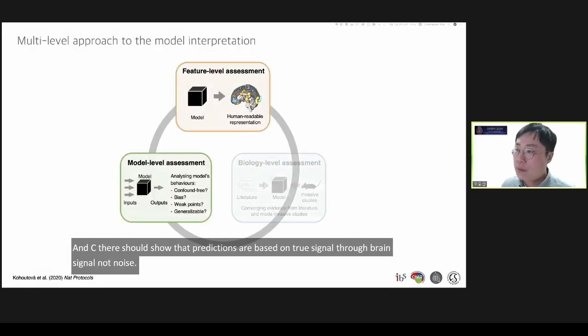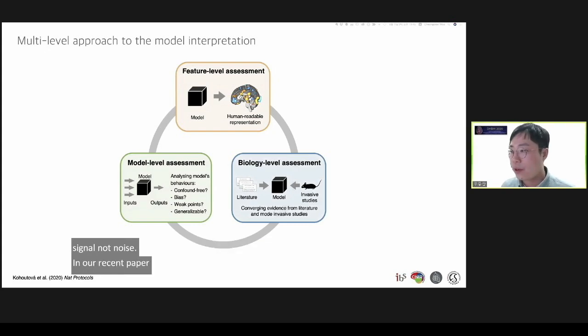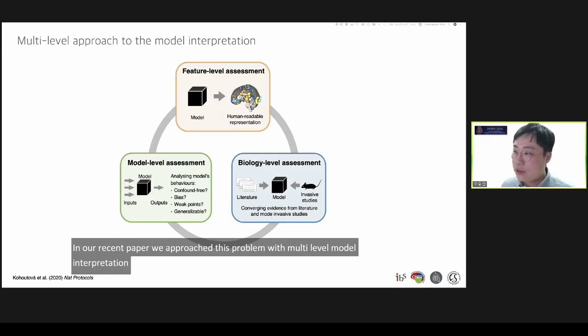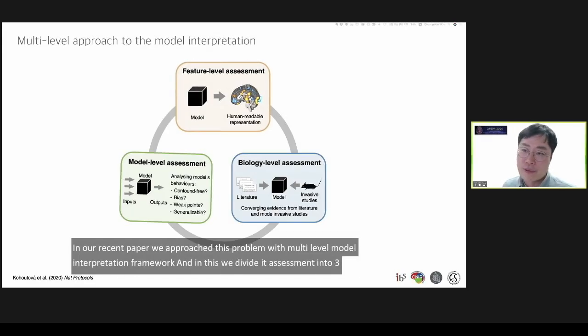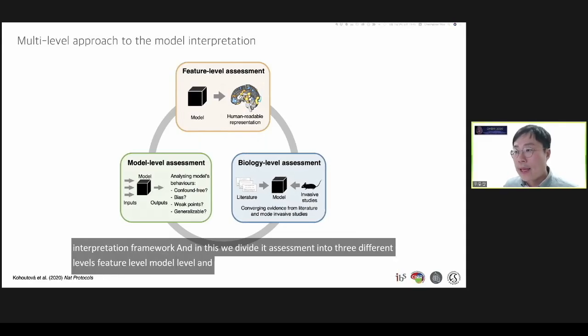In our recent paper, we approached this problem with a multi-level model interpretation framework. In this, we divided the assessment into three different levels: feature level, model level, and biology level. The biology level assessment is the most difficult.